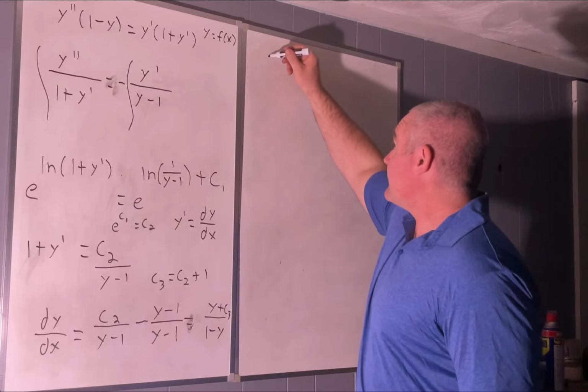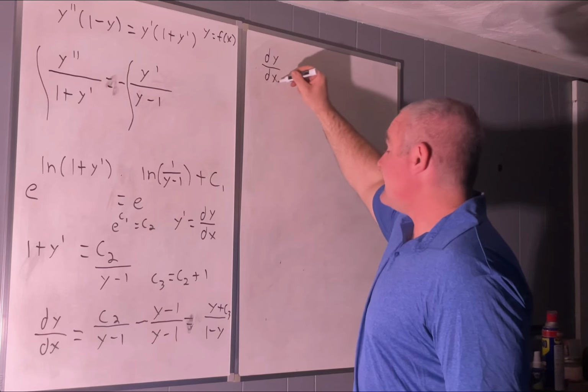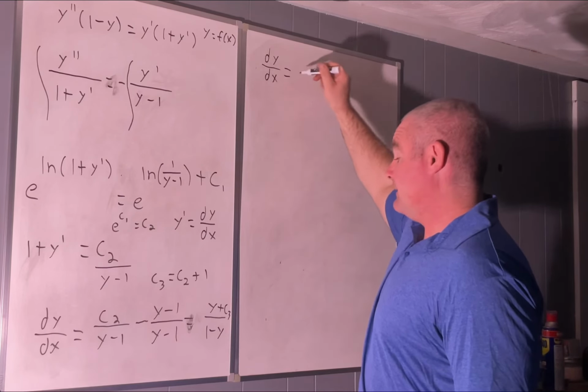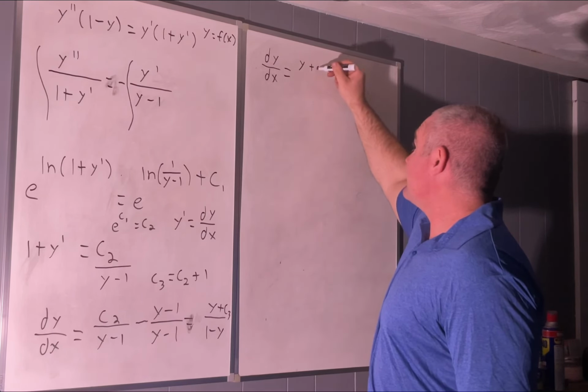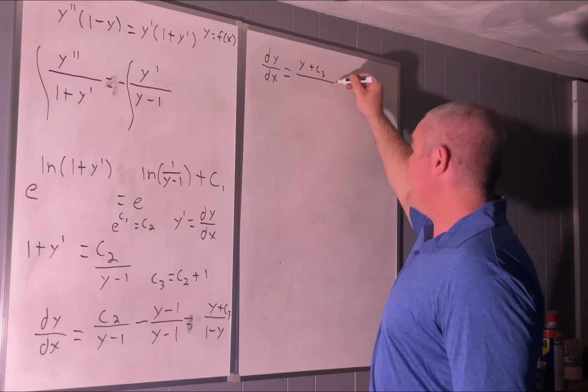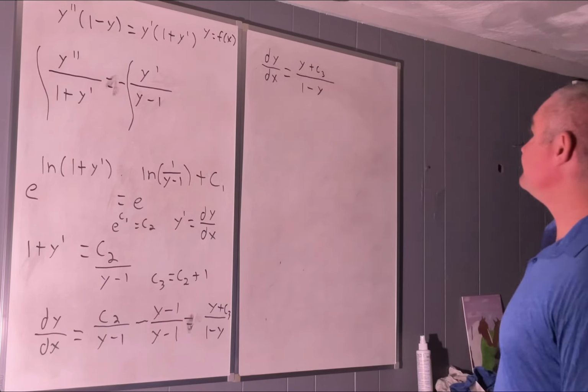So we have dy dx being equal to y plus c3 over 1 minus y.